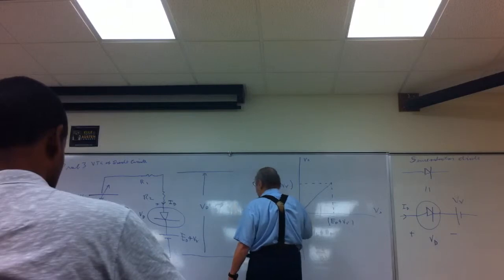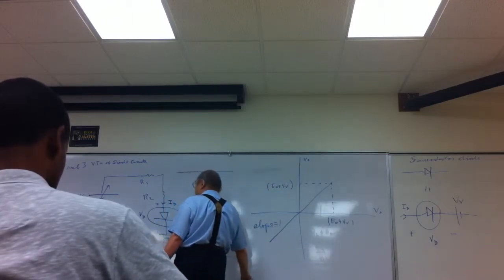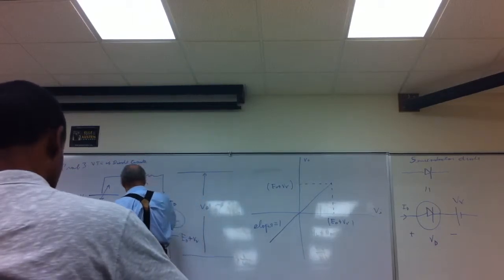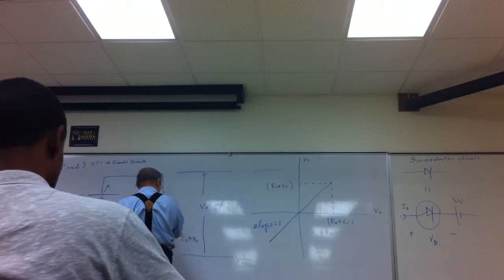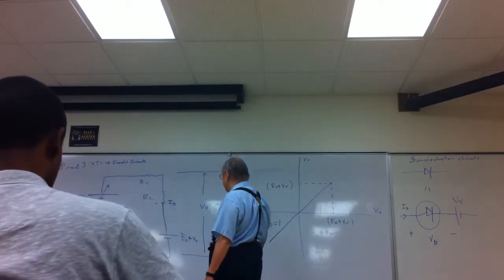Once V sub I is equal to E sub O plus V gamma, the ideal diode switches from an open circuit to a short circuit. Once it switches to a short circuit, we just replace it with a short. We've got a circuit with 2 voltage sources and 2 resistors.